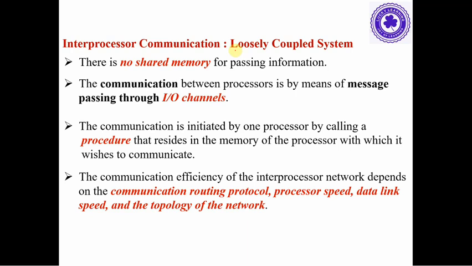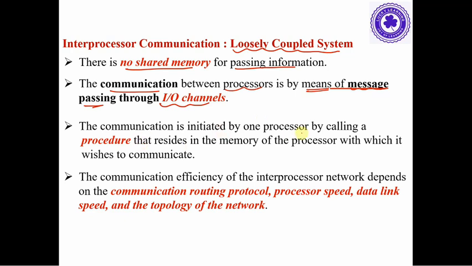When it comes to the loosely coupled system, each processor has its own local private memory. It means there is no shared memory for passing information. The communication between the processors is by means of message passing through IO channels. How are processors going to communicate? By means of messages, through IO channels.